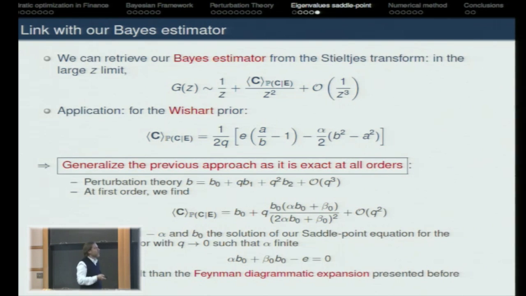I need to compute the trace of C hat, and to know the trace of C hat, I can just look in the resolvent. The 1 over z squared term is the trace of C hat, so I can read off my expectation value from this term. This at least allowed us to check that the perturbation theory made sense, and it gave the same results to the same orders.